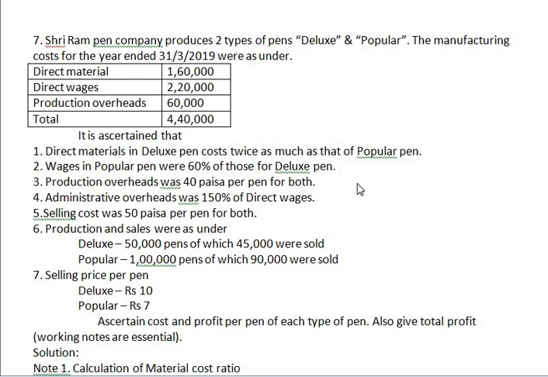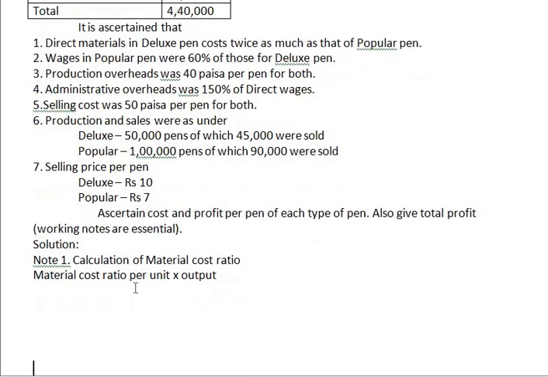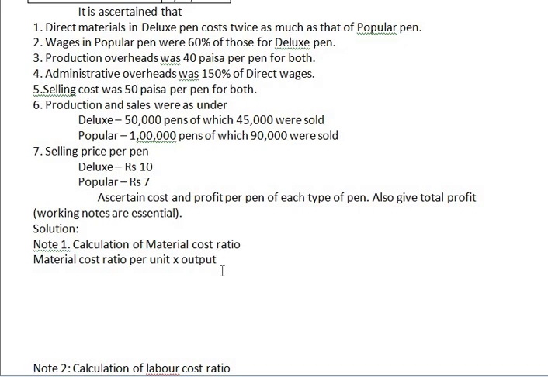But their production is different. Their production for deluxe is 50,000 and for popular it is 1 lakh. So accordingly we need to find out the ratio. Now write down the first working note, calculation of material cost ratio. Like the previous problem we have solved, material cost ratio is per unit into output.